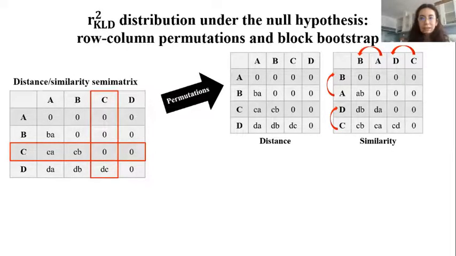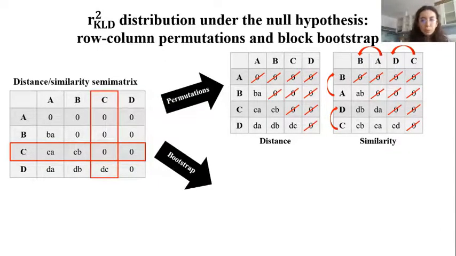What this does is that it makes distance and similarity independent of each other, thus simulating the null hypothesis of the test, but it still preserves the structure of the matrices, the spatial structure.